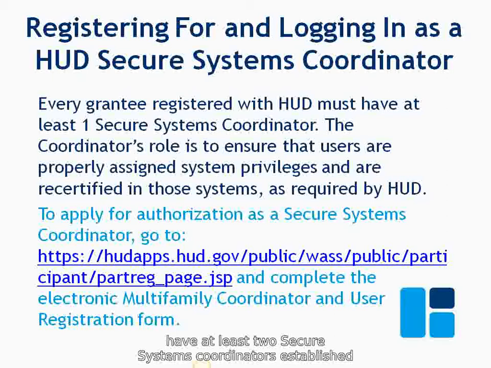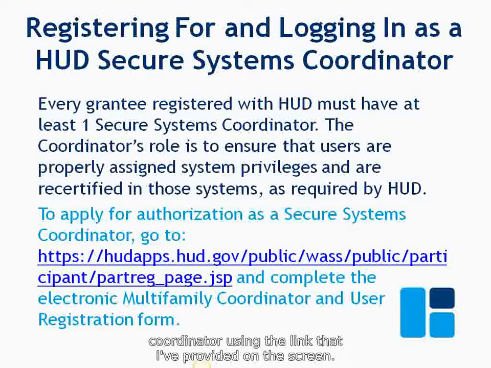And in order for them to become a coordinator, they are going to need to register as a Secure Systems coordinator using the link that I've provided on the screen. This is also going to be available to you in the guide.